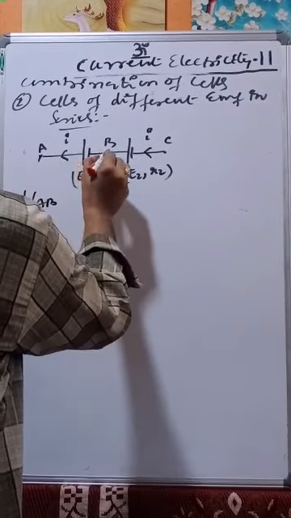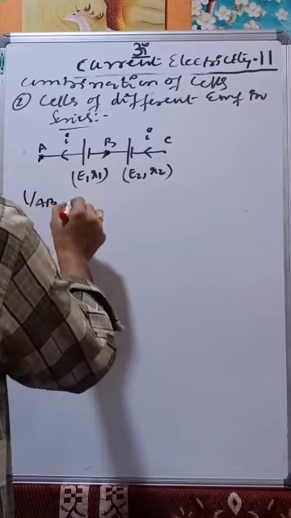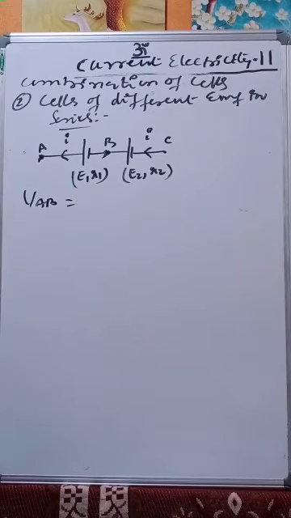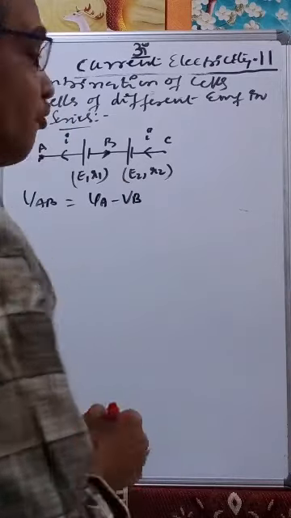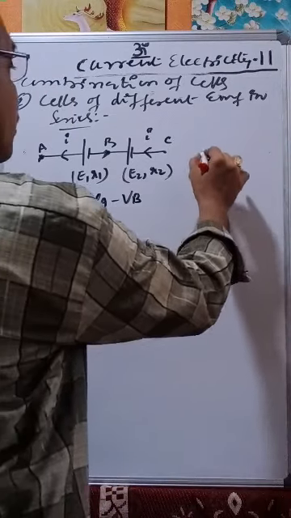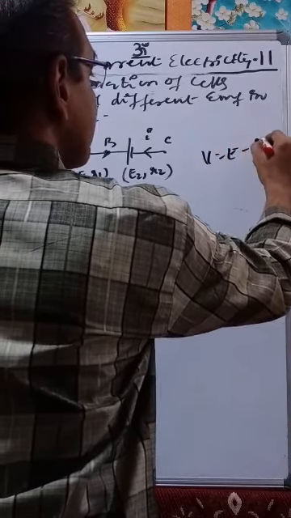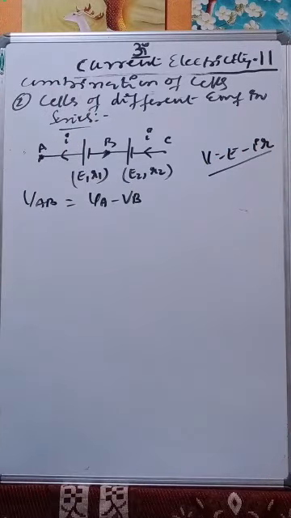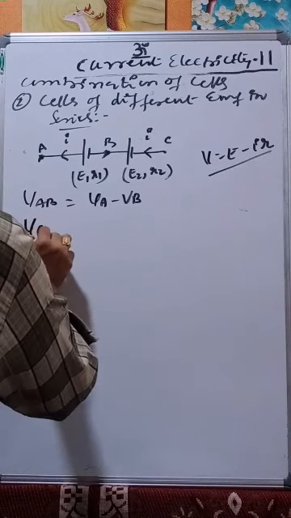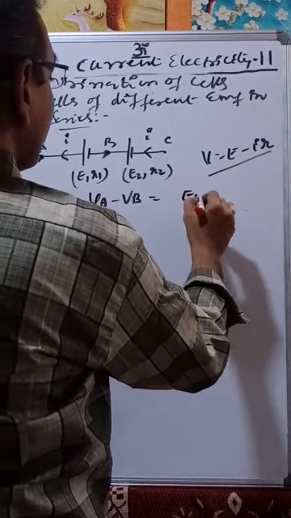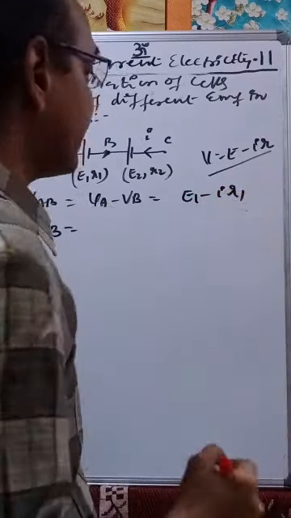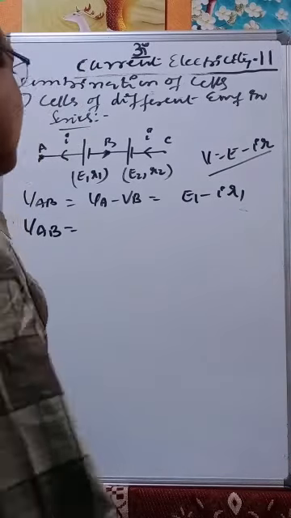Now the potential between the points A and B is VAB, that equals VA minus VB. As you know, V equals E minus Ir. Therefore, VAB equals E1 minus Ir1.